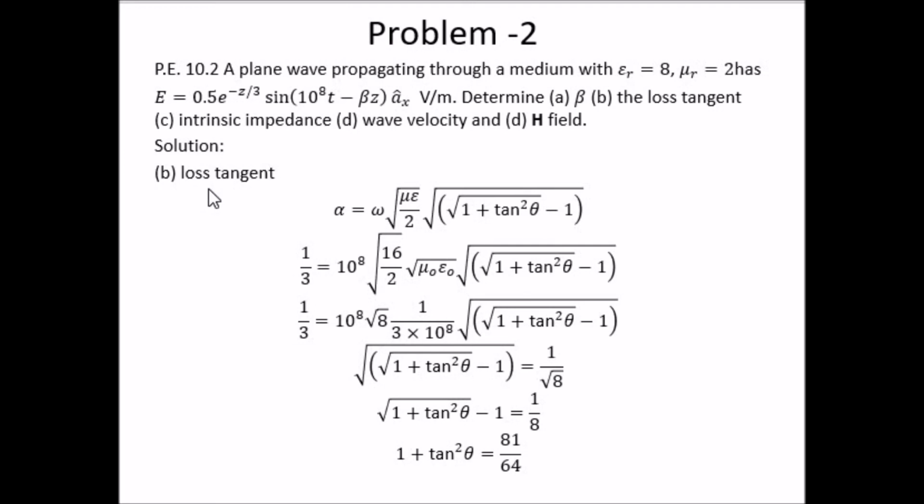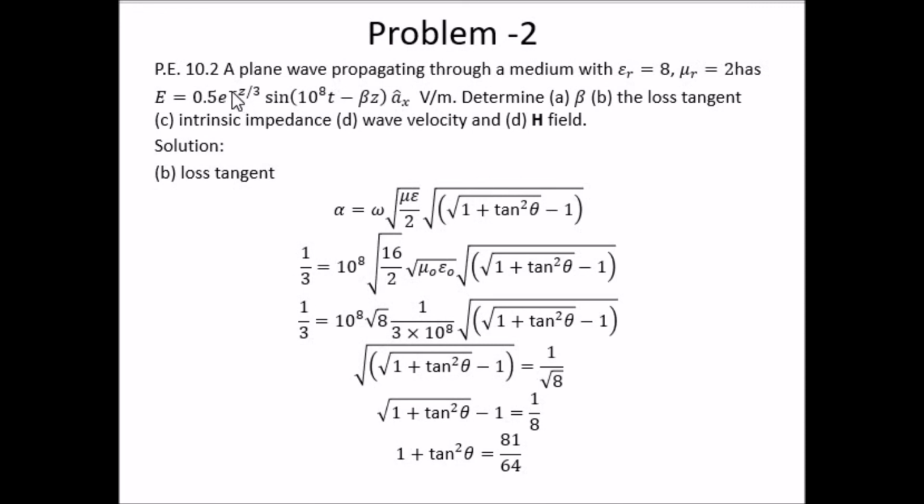To solve for the loss tangent, basically we take the expression for alpha, and alpha is given here. You see in this expression, this is e to the power negative z over 3, so you have to take 1 over 3. The negative sign is the propagation direction, and z is the propagation axis, so the wave is traveling in the positive z direction.